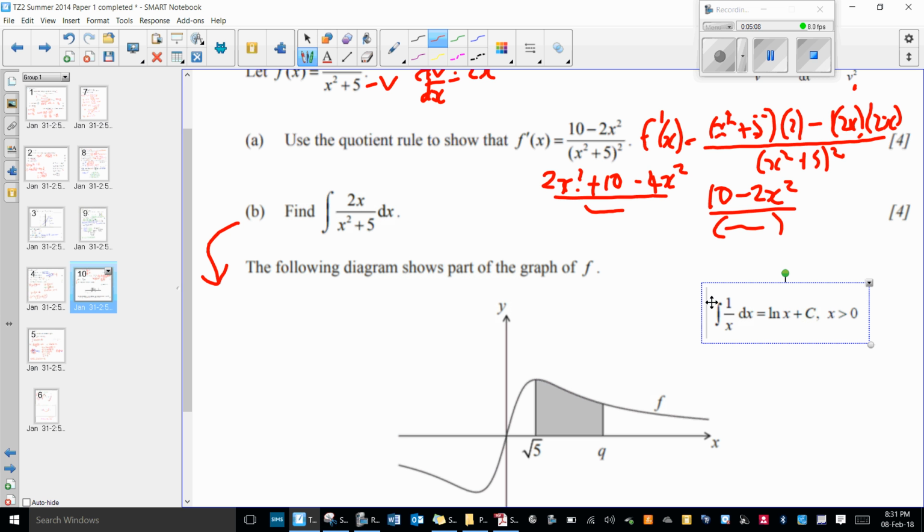So it's going to be ln of x squared plus 5. But that 2x is still there. But it's not just x on the bottom, it's x squared plus 5, so we then have to divide by the derivative of x squared plus 5, which is 2x, which means that they disappear, and we just get ln of x squared plus 5 plus c.